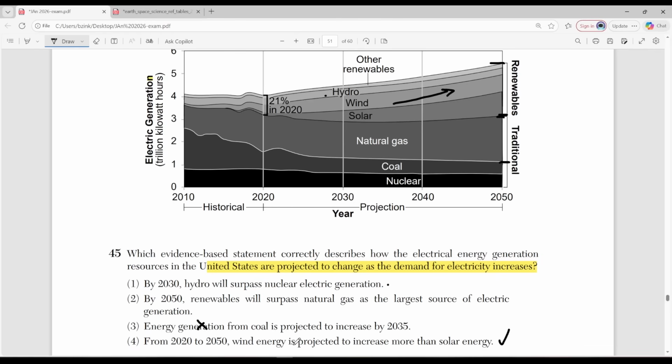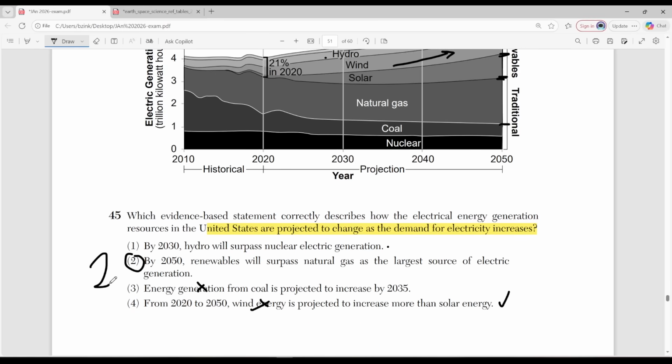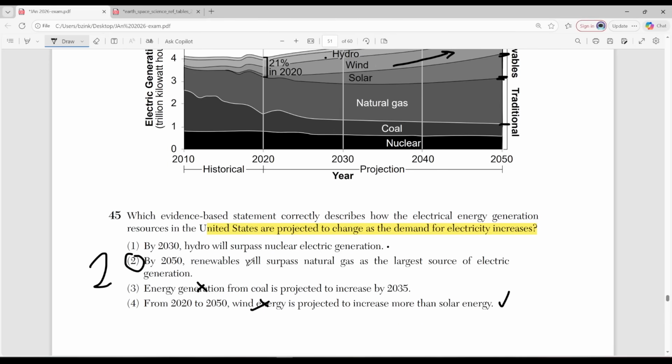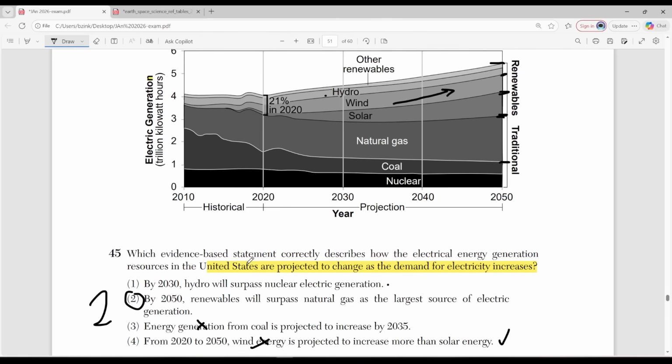Oh, wait, wind energy is not projected to increase more than solar. Because look, solar is this gap, which is bigger than that gap. So that's wrong. So it's looking like this is the best answer. But it's so close. Why are we doing this to the kids? It's way too close. What are you testing them on?